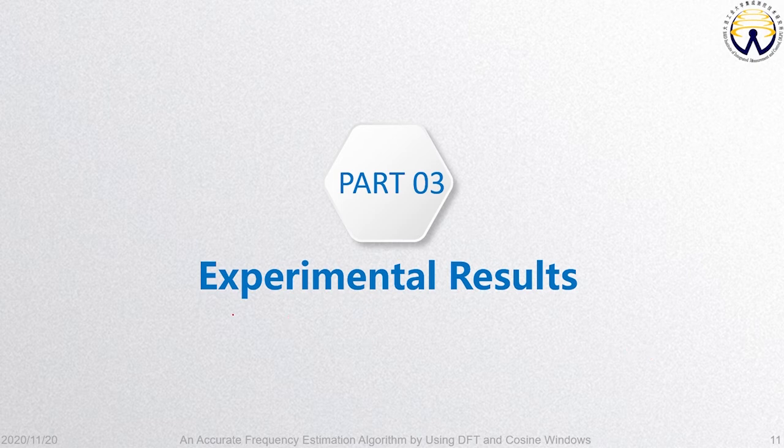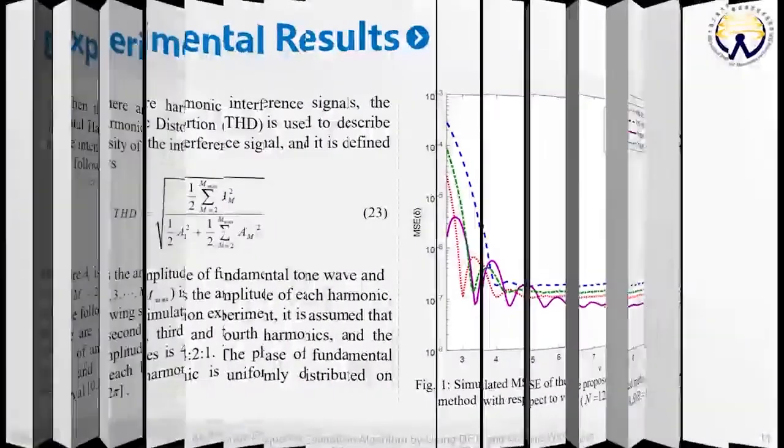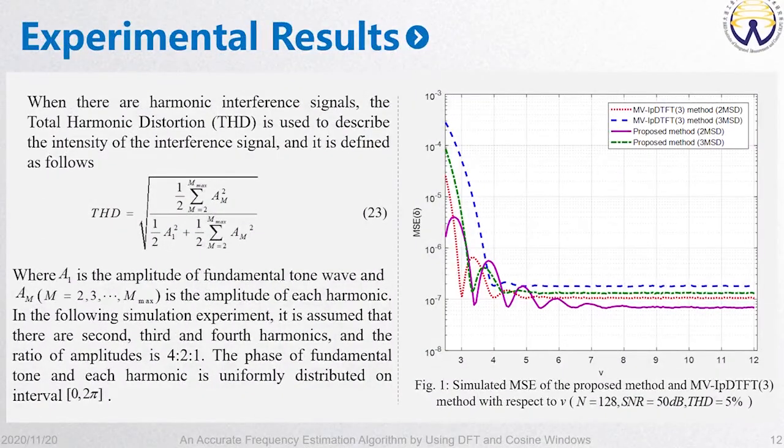effectively suppressed. In this part, in order to verify the performance of the proposed algorithm, we carry out simulation analysis in the presence of harmonic interference and additive white Gaussian noise.